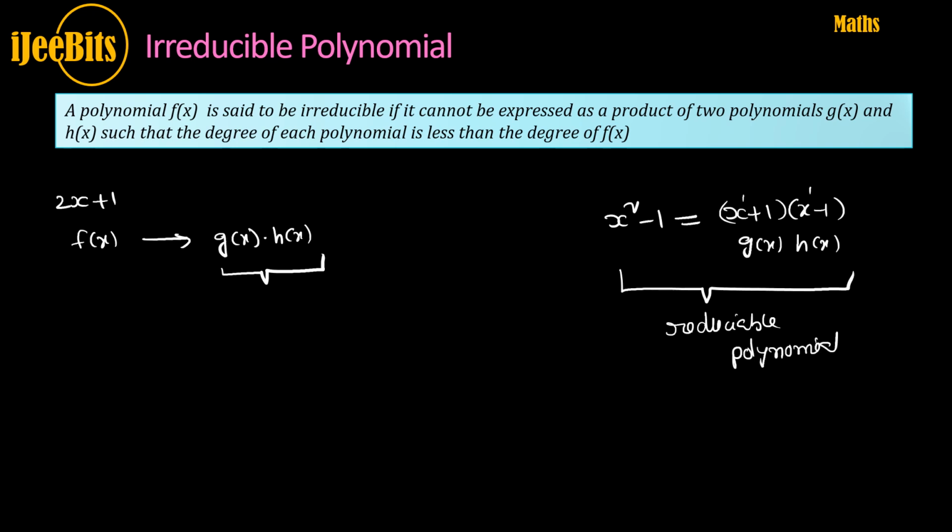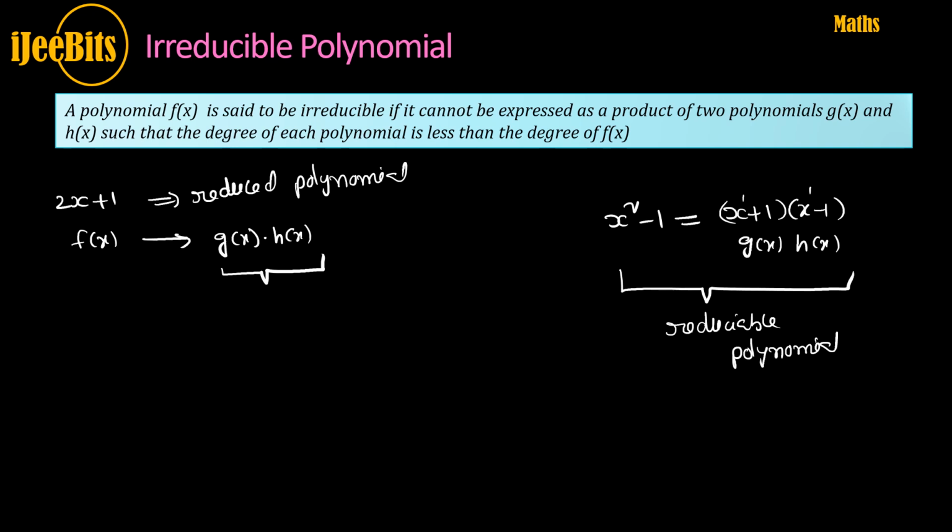So in this case, if you see 2x plus 1, I don't think I can write it further because this is already a reduced polynomial. We cannot express it by other smaller polynomials because this is already reduced, right?